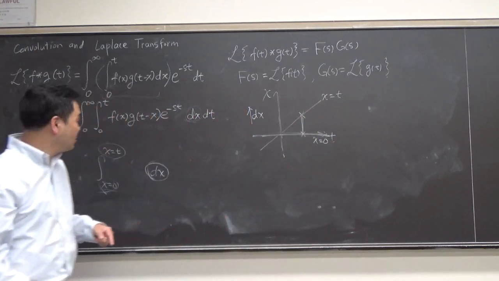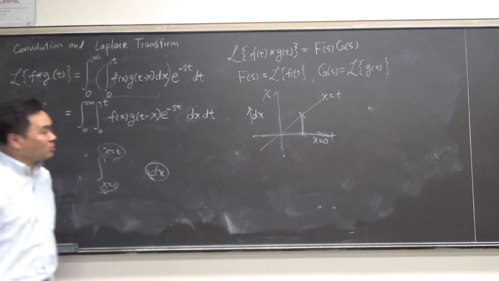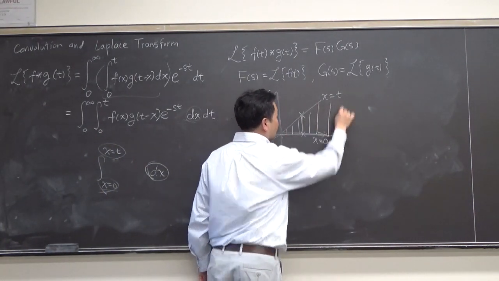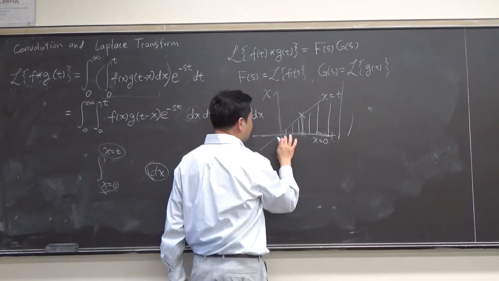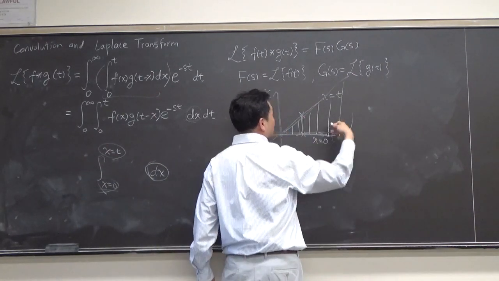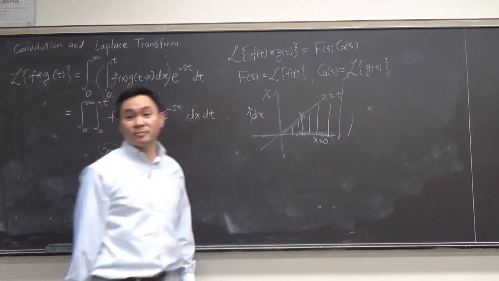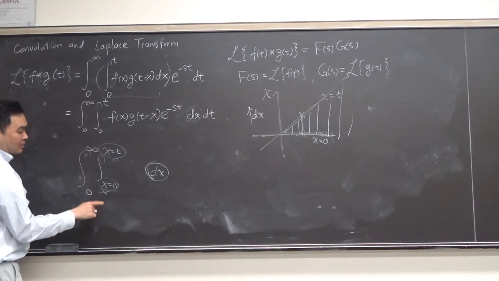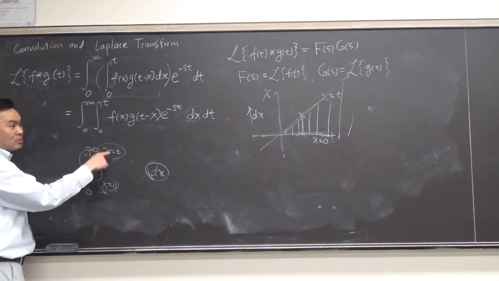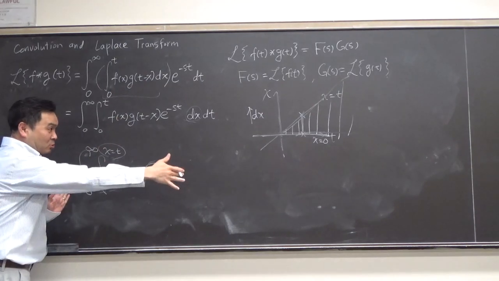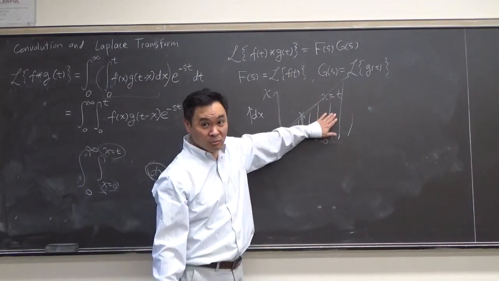You're doing that for every point, where now t goes from 0 to infinity. So the domain that you're integrating is this domain. When you see this 0 to infinity, x equals 0 to x equals t should be this line to that line, where t varies from 0 to infinity. So that's the domain of integration for this double integral.